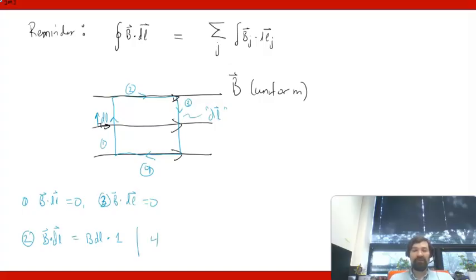For 4, B dot DL, B is still to the right, DL is to the left. That becomes B times DL times -1. Cosine of 180 degrees is -1. And so this is just negative B DL. This is positive B DL.